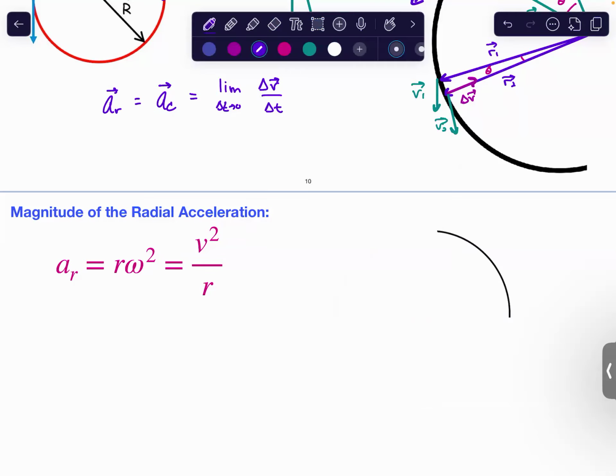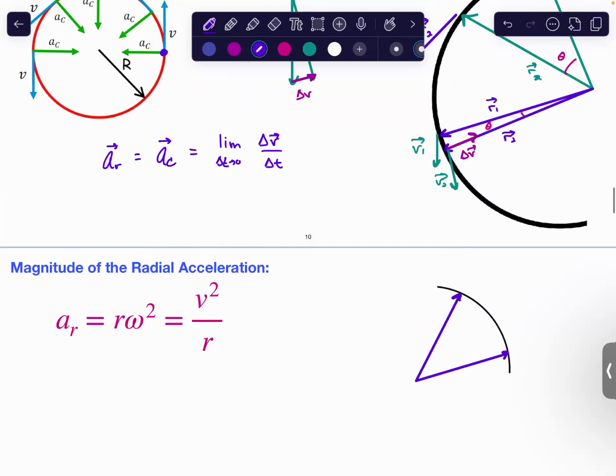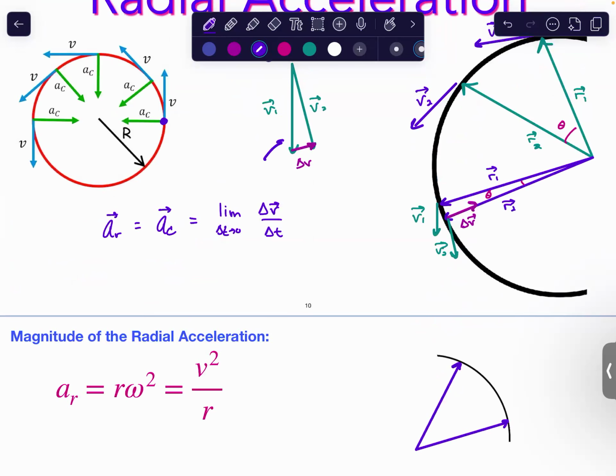So let's think about we're going to have two velocity vectors. Thinking like these right here, because the velocity vectors themselves over time will draw out an arc because they're going to start pointing in different directions.